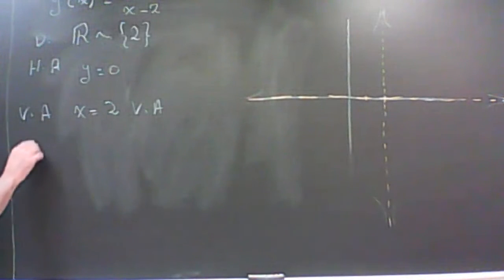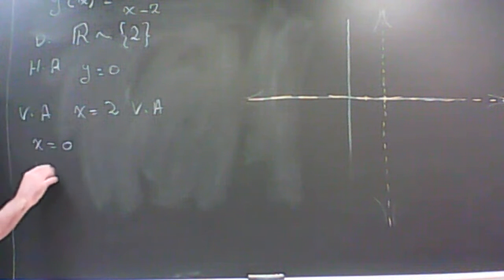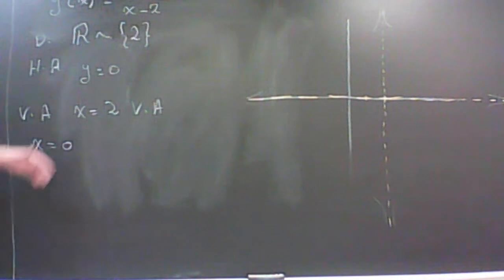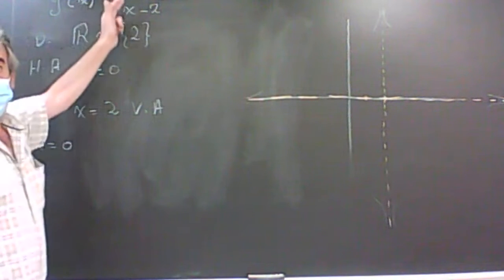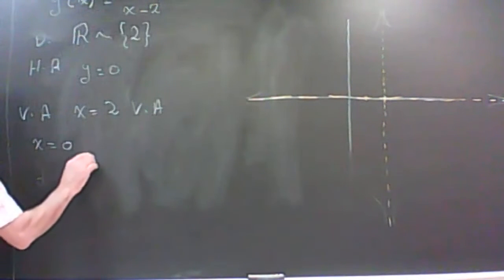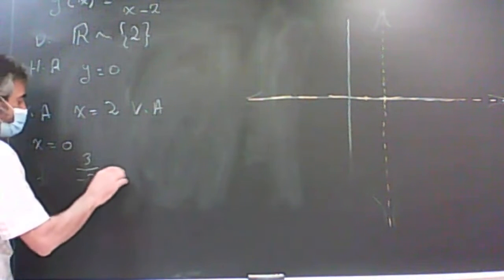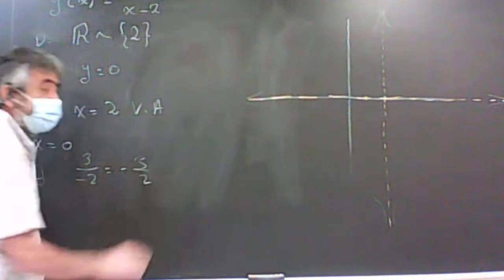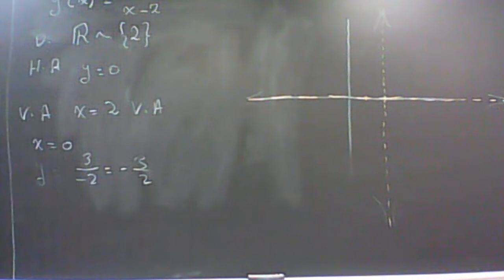So let's use x equals 0. If x equals 0, what is the y value? y would be 3 divided by -2, which is -3/2. Yeah? So choose an easy number so you don't confuse yourself.